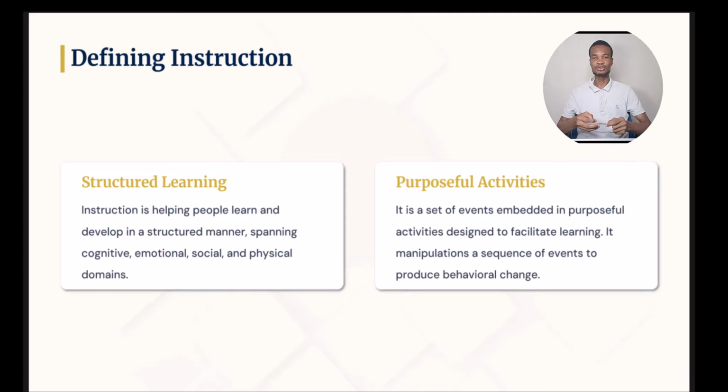Thereby you are teaching the child how to go about touching a hot object in a way that they will not get injured. So the child next time knows that a hot object can injure them, and that the way to go about touching such an object is to use a cloth or an insulator, something that could protect their palm against such danger. So that is learning, structured learning.